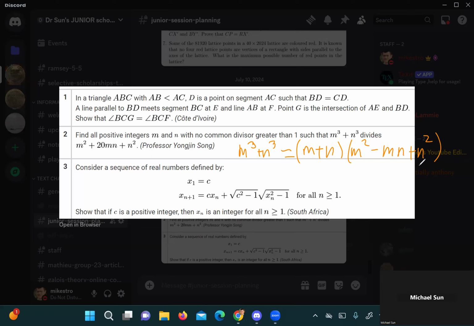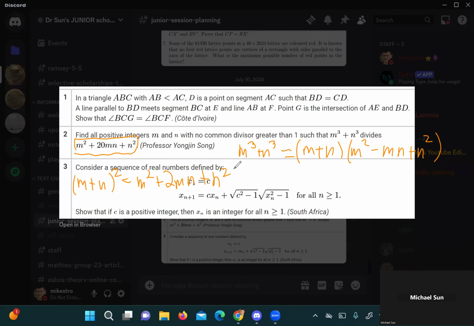Okay. So we can't really factorize this, but we do have, for example, m plus n squared equals m squared plus 2mn. I'm kind of just doing this live now, I guess, but I haven't seen this problem before.